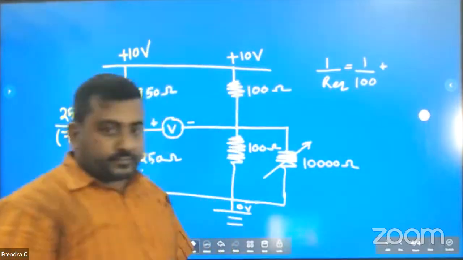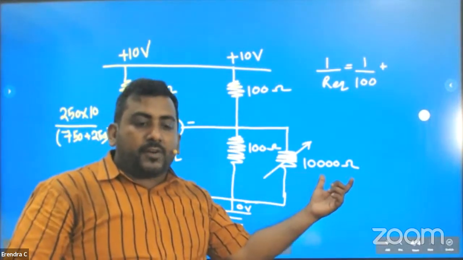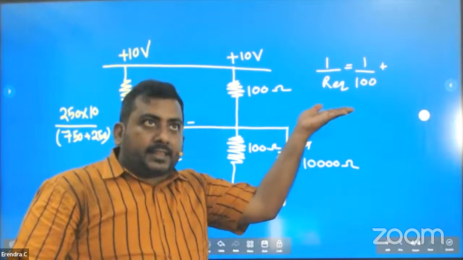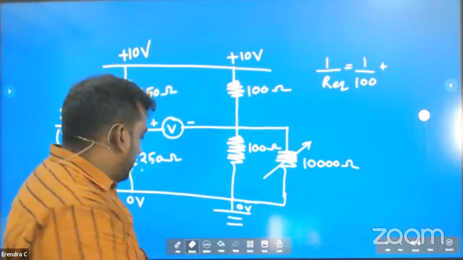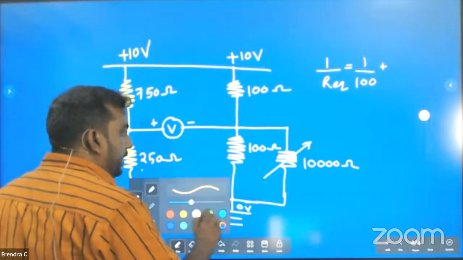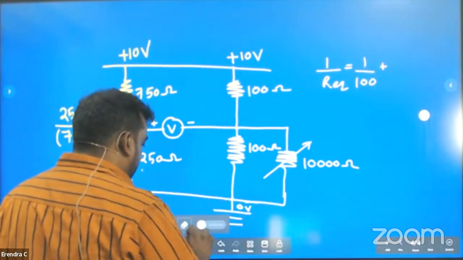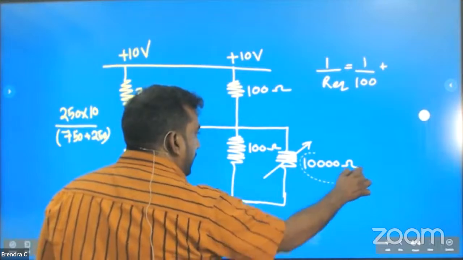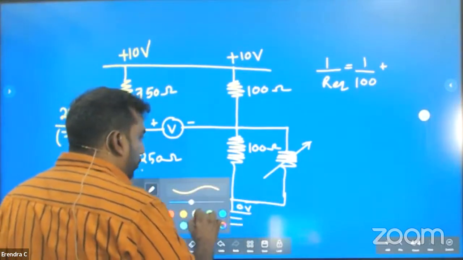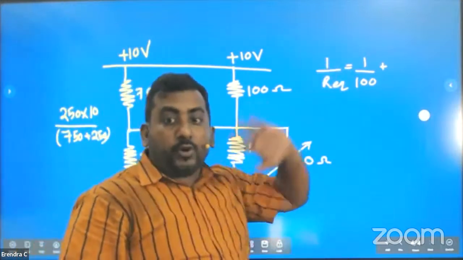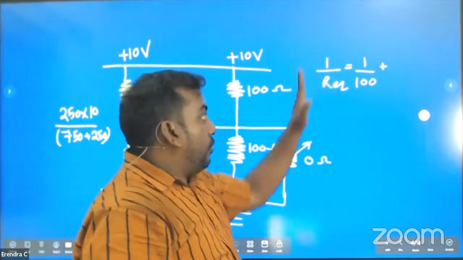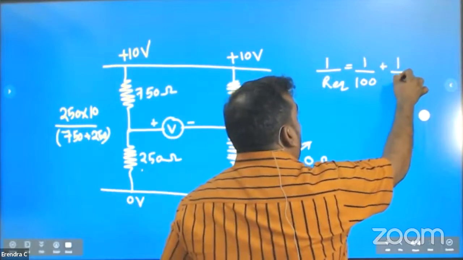Now, finally, the resistor goes from 10,000 to 0. Now tell me, when this becomes 0 ohm, how do you find the effective resistance? 1 over 100, 1 over 0.